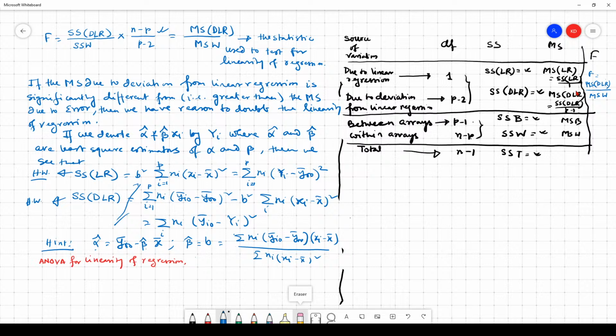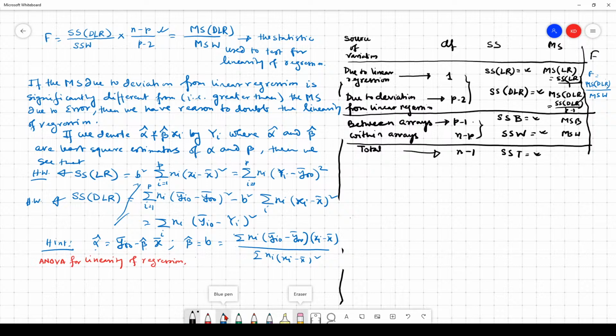Find this F ratio and check whether it exceeds the critical value. If H0 is rejected, that means Y is not linearly related. So we go to the next step.